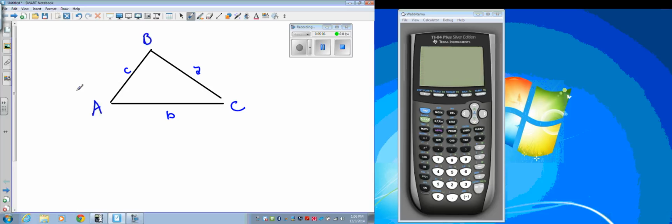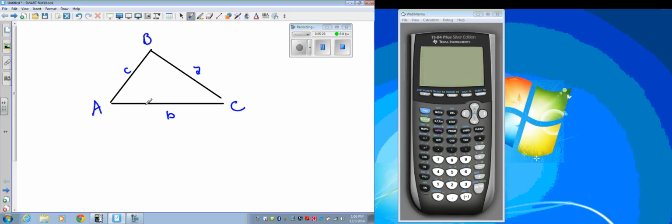Now, as long as you have 6 elements, right? You have angle A, side c, angle B, side a, angle C, and side b. So you have 6 elements. If you have any 3 of those 6, when you have an oblique triangle, you can calculate it.